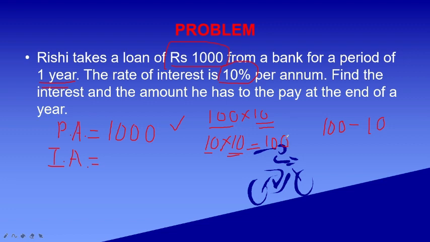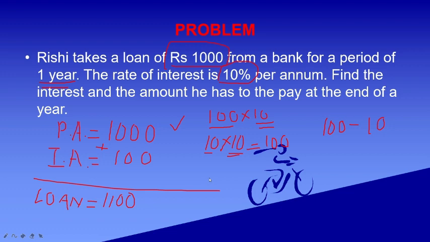So here interest is 100 rupees. What is the amount that he will pay after 1 year? We will add these two amounts. So what we will get? 1100 rupees.